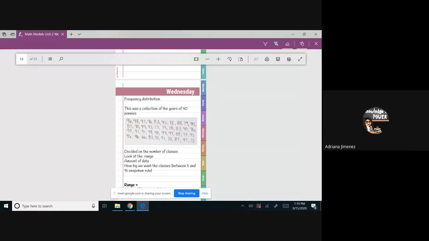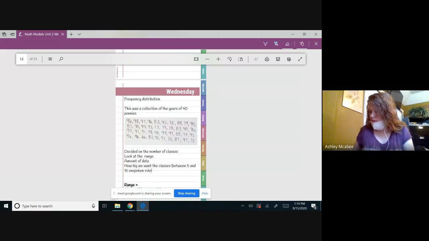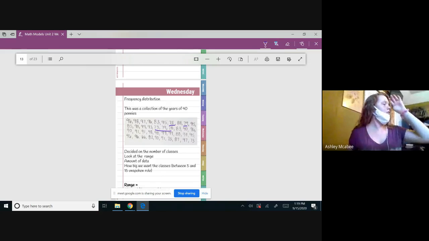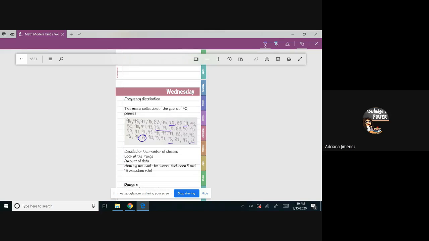Right. So you look at the numbers and figure out what you have. I have 70, 70, 78, 70, and I have 60. So my smallest one is 60, so I have to have something from 60.